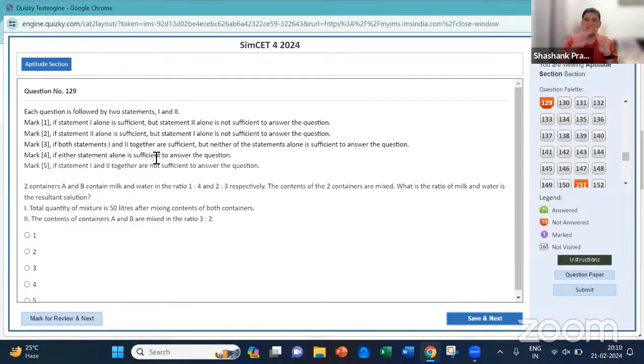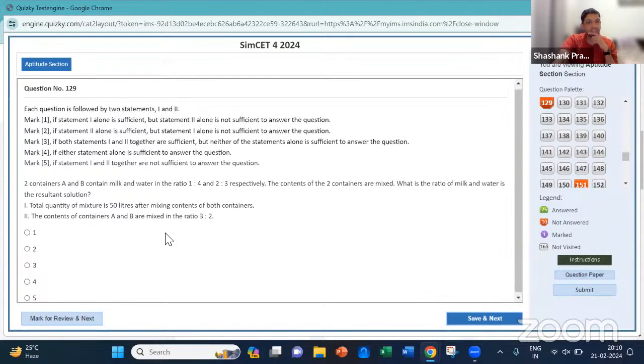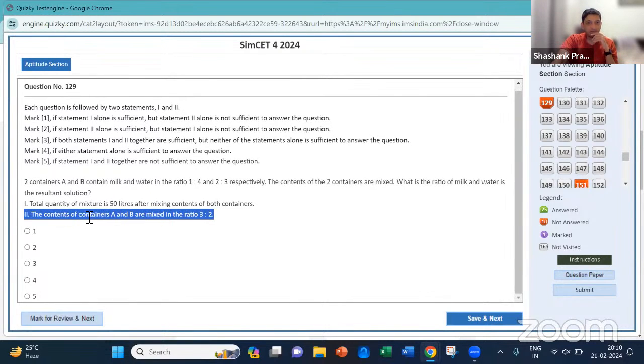So the gap of 20 needs to be divided in the ratio of 3:2, rather. So we'll get it from that. Okay? So 28 something I think we'll get. If I understand it correctly. Something like 28%. Yeah, I think it's 28% in fact. So statement 2 alone is sufficient. So option 2 is right.